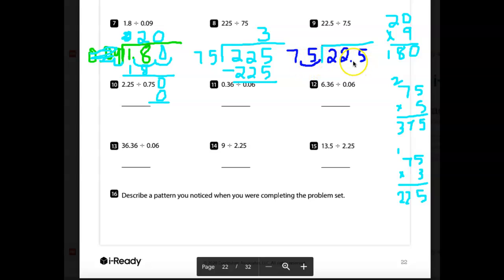Whatever we do here, we have to do here. Okay? So now look what we're left with. We're left with 225 divided by 75. And we already know the answer to that one. We just did it. It's 3. 3 times 75 is 225. Okay. All right. But that is how we do that with decimals. We move the decimal point over.